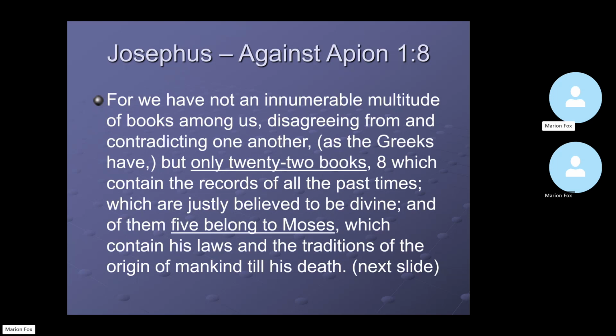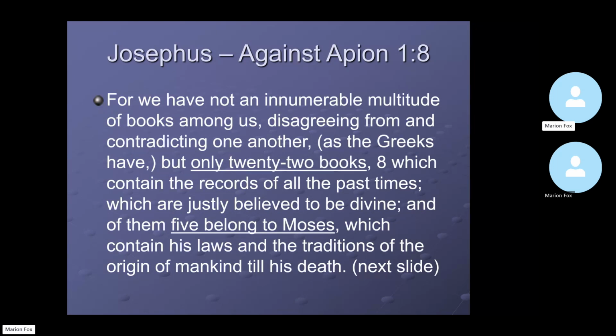Josephus writes, "For we have not an innumerable multitude of books among us, disagreeing from and contradicting one another, as the Greeks have, but only 22 books." So he claims that the 22 books that we have, which are our 39 books, do not contradict one another.